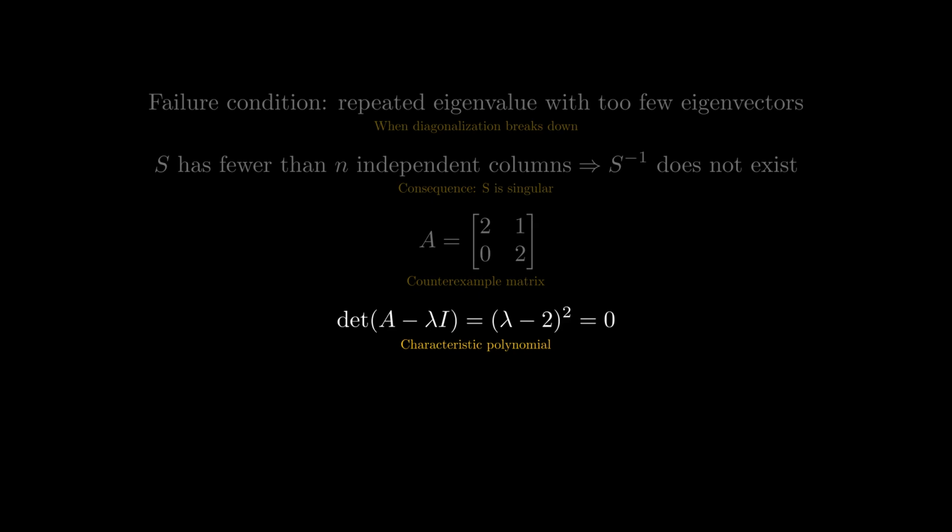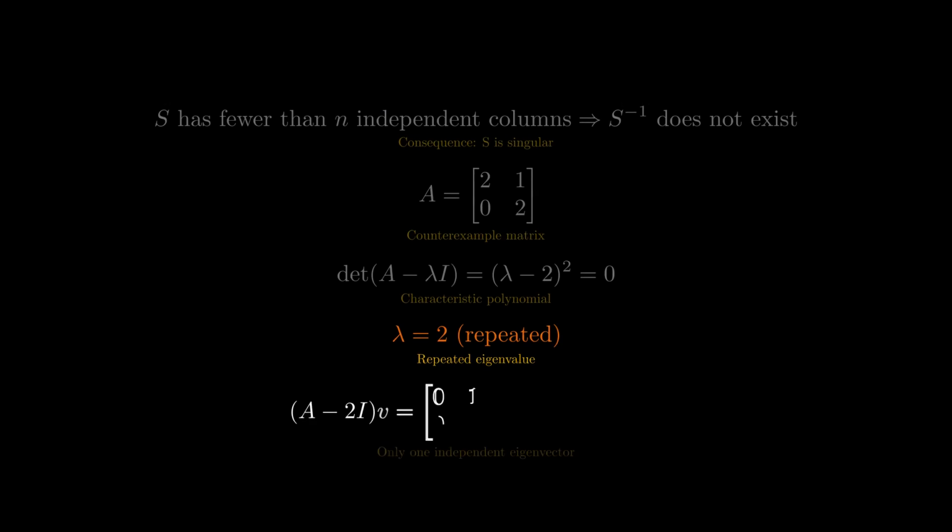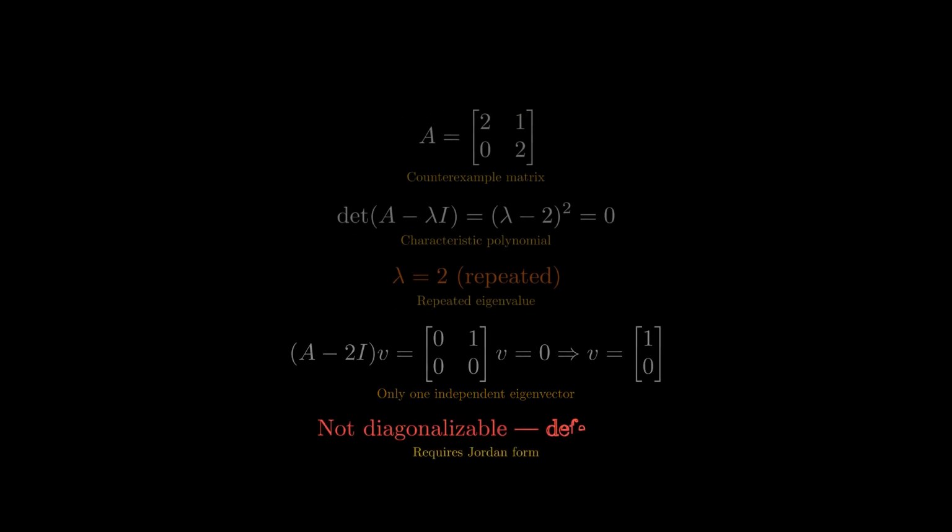Its characteristic polynomial is lambda minus 2 squared equal to 0. So lambda equals 2 is a repeated eigenvalue. But when we solve for eigenvectors, we only get one independent vector, namely 1, 0. There are not enough eigenvectors to fill the columns of S. We call such a matrix defective, and it requires a separate treatment, which leads to what is known as the Jordan form.